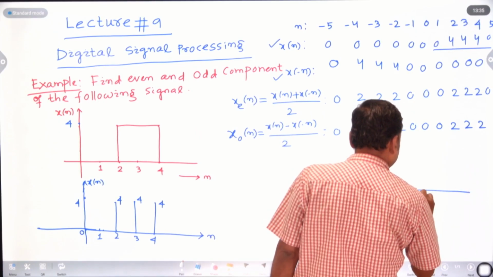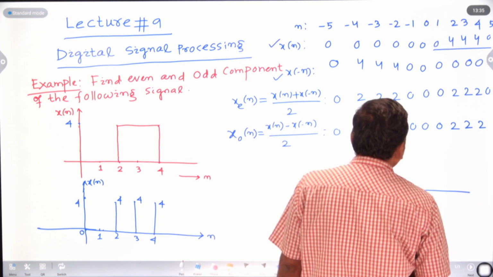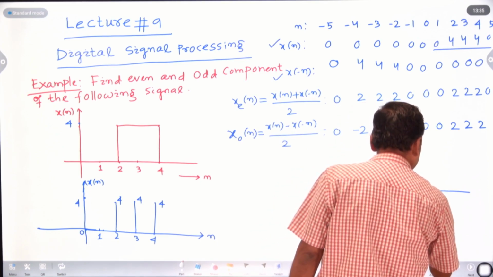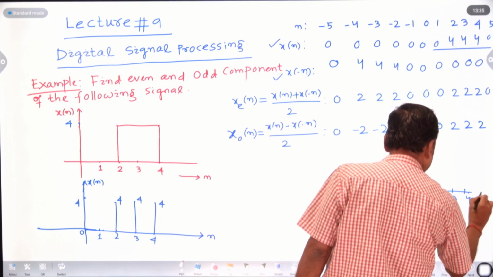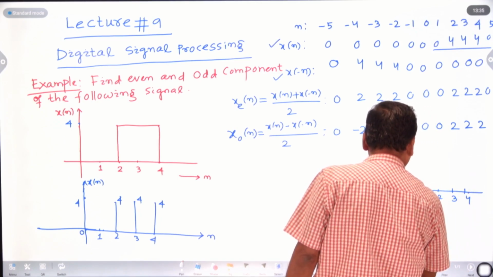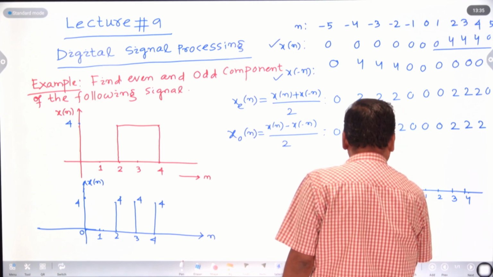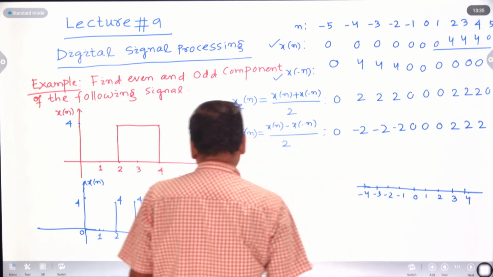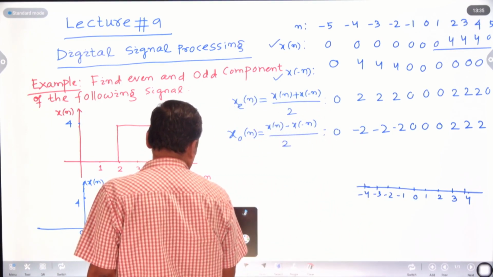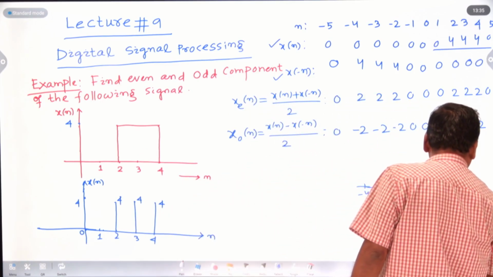So here this is 0, this is 1, this is 2, 3, and this is 4. Similarly minus 1, minus 2, minus 3, and minus 4. When we calculate the even and odd component of the signal, this is your n, this is your n.